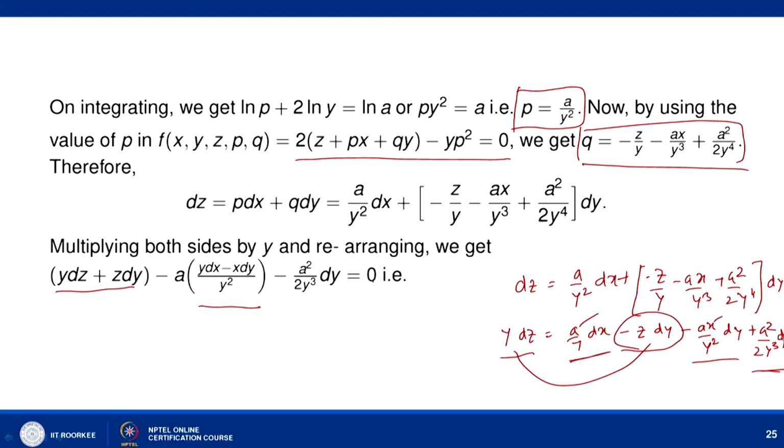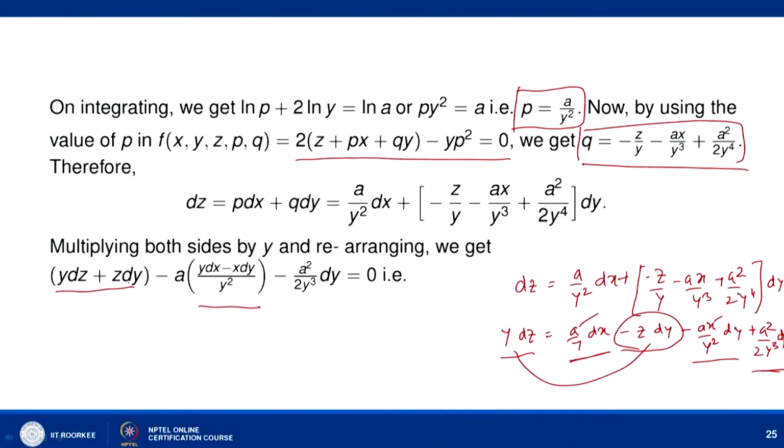So here you have to use your experience in a way such that you write your dz equal to p dx plus q dy so that it comes out to be the derivative of some exact form, right? It is much better if you remember some forms. Here y dz plus z dy, I can write as d of zy, and here minus a times (y dx minus x dy) upon y square, I can write as minus a d of x by y, right?